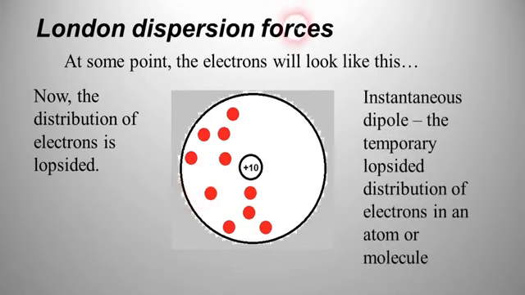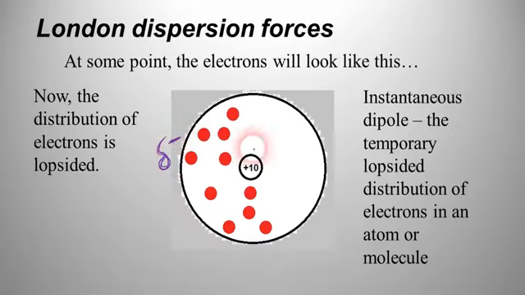As a result, when you have all these electrons on this side of the atom, it's going to give this side of the atom a partial negative charge. So I'm going to show that with this lowercase delta and then a negative sign to show that that part of the atom has a partial negative charge.